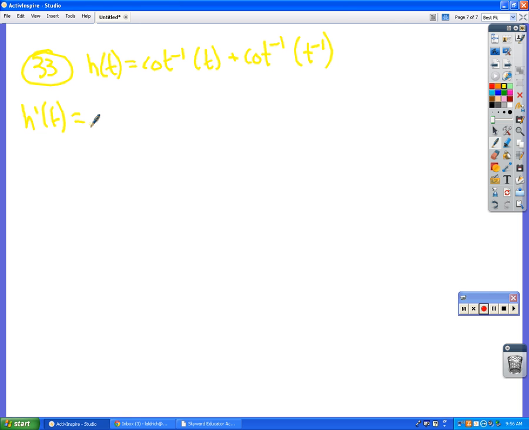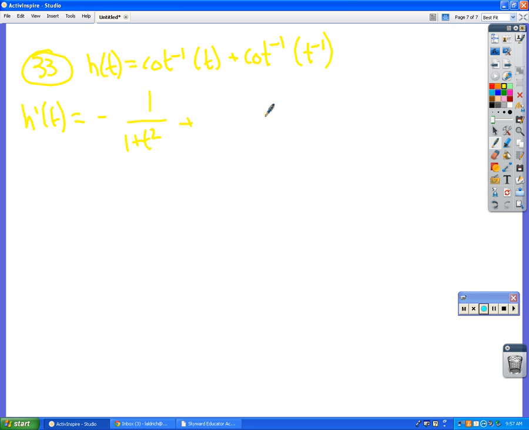Okay, so what's the derivative of inverse cotangent? That's in your notes somewhere. Negative 1 over 1 plus x squared. In this case, that would be 1 plus t to the negative 1, squared, and then times the derivative of t to the negative 1.